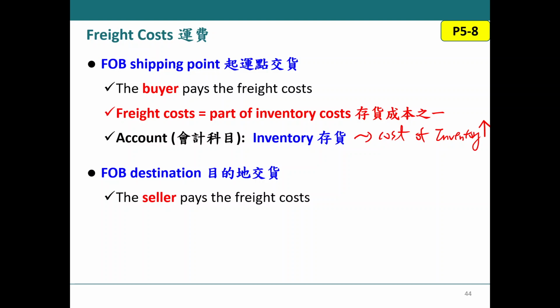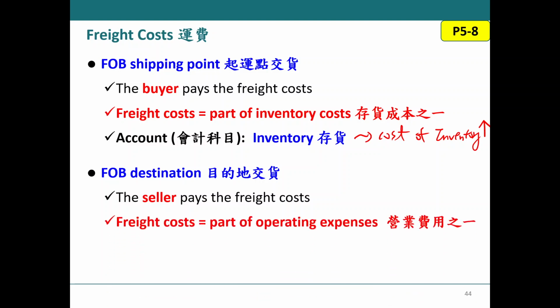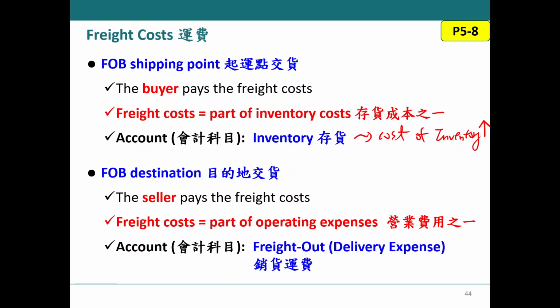But right now, FOB destination, when you are the seller, the seller pays the freight cost. How do we record it? We record it as an expense. This kind of expense, we call it freight out or delivery expense. Either way. So for the money you paid, we use this account, freight out, 销货运费, or delivery expense. Either one is okay.